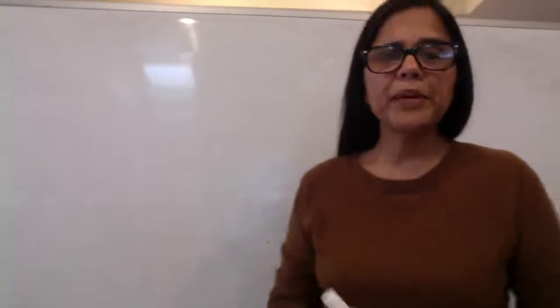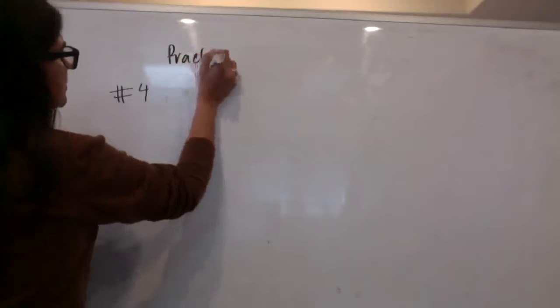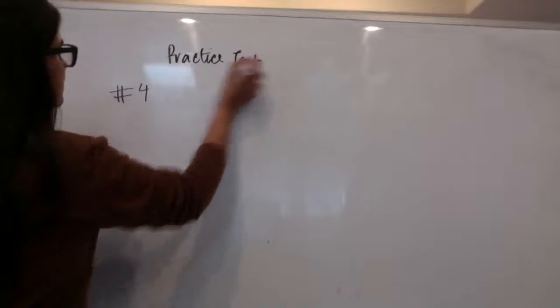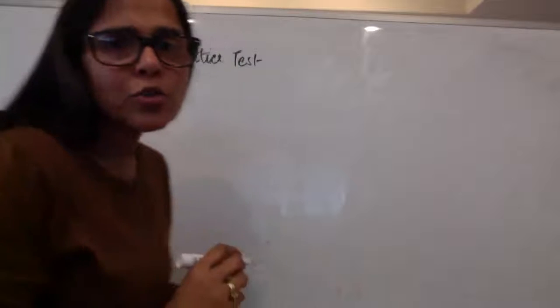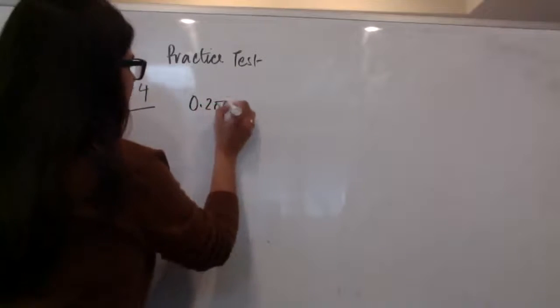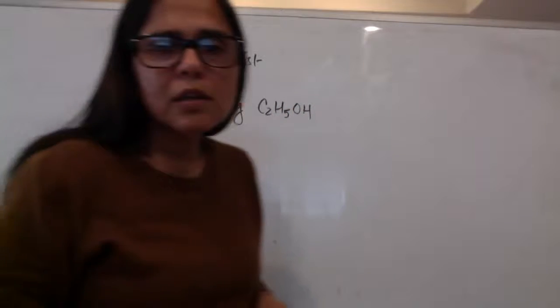Ethene may be prepared by dehydration of ethanol, molar mass this much. Setup is shown, and delta H for this. A student added, I'm doing number 4, a 0.2 gram sample of C2H5OH to a test tube.